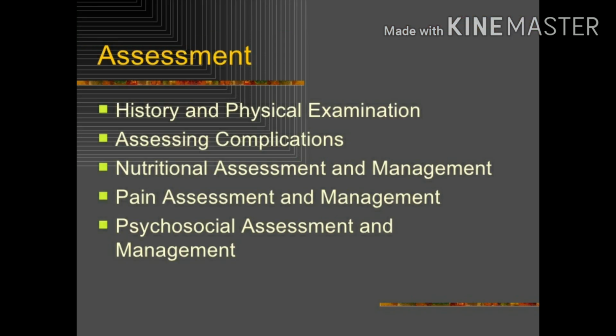Now coming to the treatment part of the bed sore, which starts with the assessment, which includes history and physical examination, assessing complications, nutritional assessment and management, pain assessment and management, and psychosocial assessment and management.